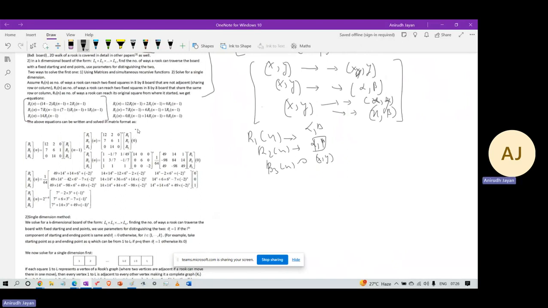Again, we can convert this recursive relation into a matrix. We can diagonalize this matrix and get the exact value. Once we diagonalize, we get that the eigenvalues are 14, 6 and minus 2.